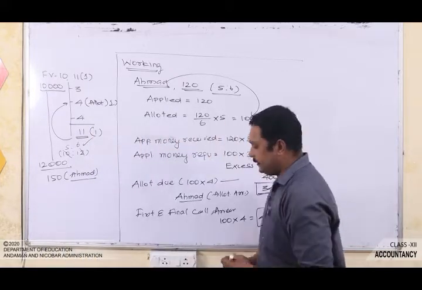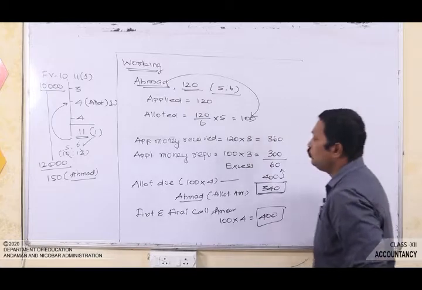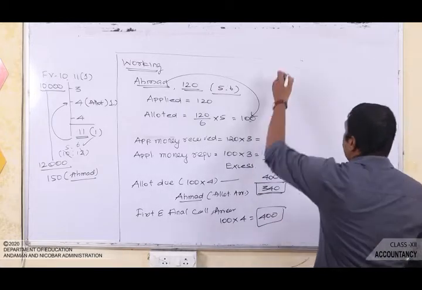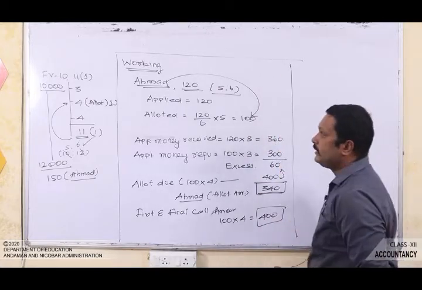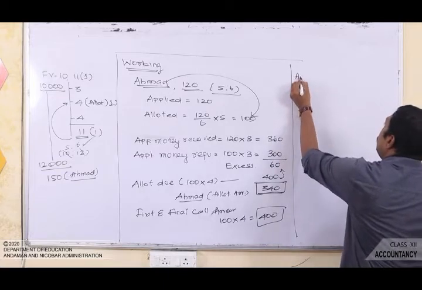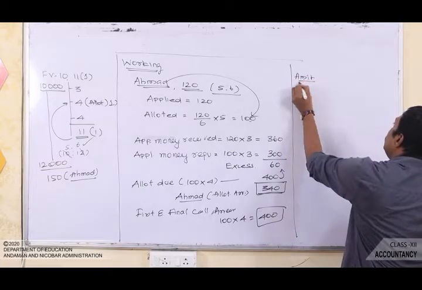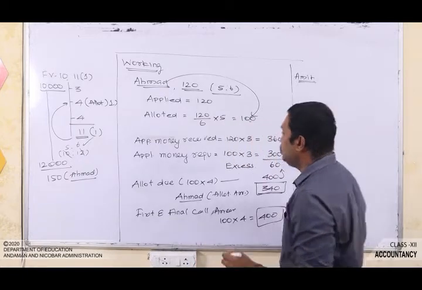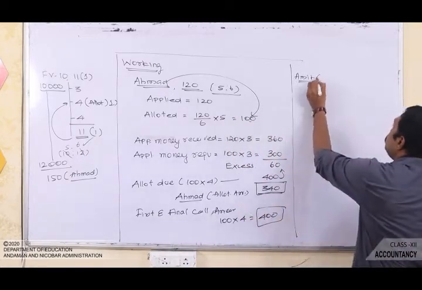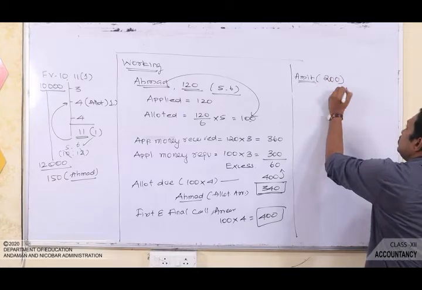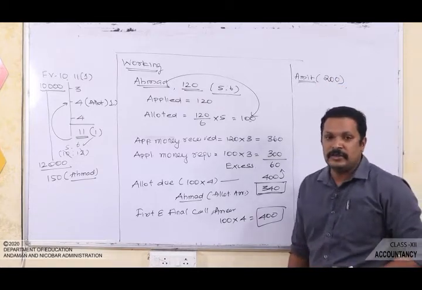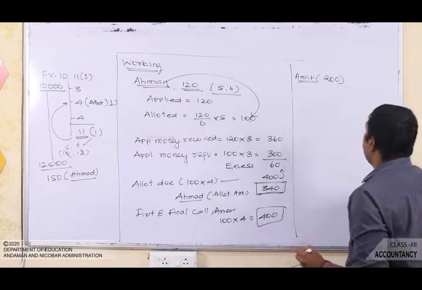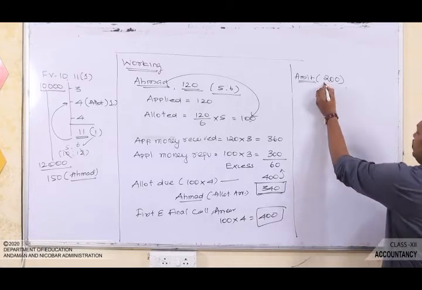Right. Next, we have two shareholders. Ahmed part is over. Second part is Amit. What is given? Amit's share is 200 shares. Amit is allotted 200 shares.